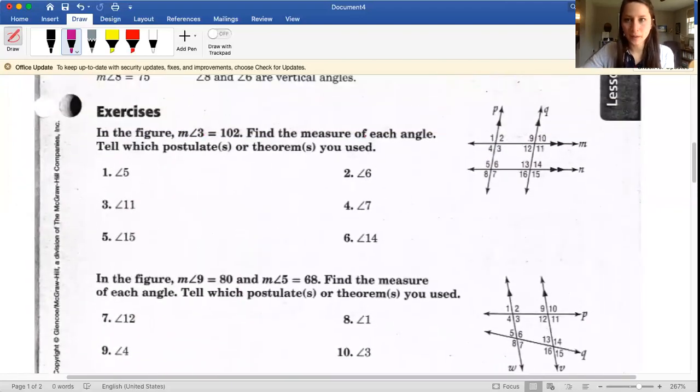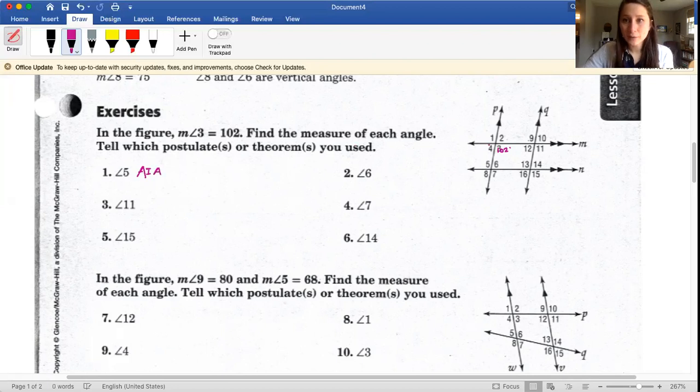Angle 3, I'm going to mark it on here. Angle 3 is 102 degrees. So I need to find angle 5. Now, what's the relationship between 3 and 5? The relationship between 3 and 5 is that they are alternate interior angles.